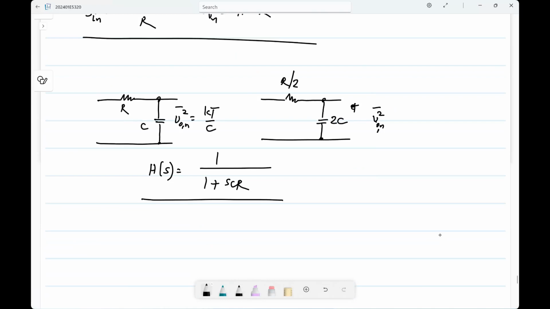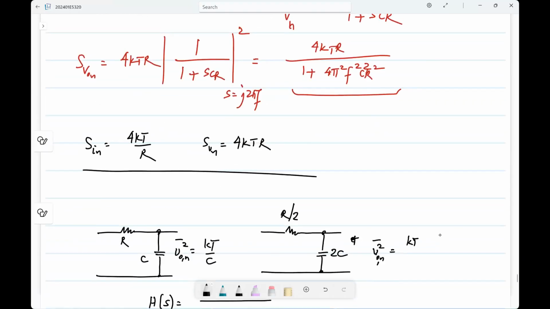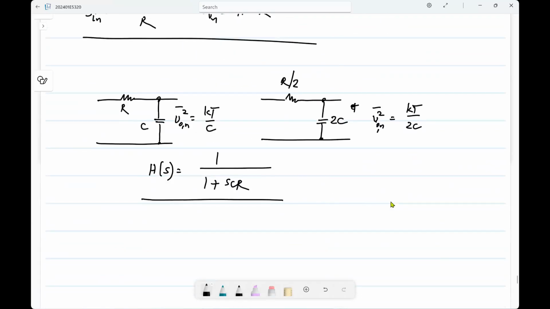That bar means the average of this square. Okay. So it turns out it is a general principle. You can do this for any circuit. I will generalize it soon, but essentially you have to reduce the impedance levels of the circuit.